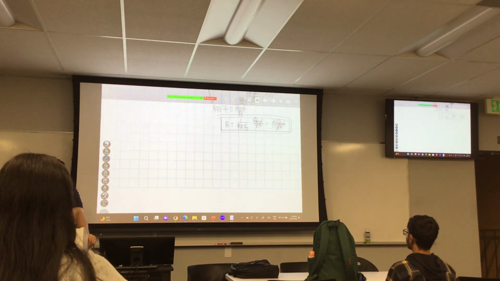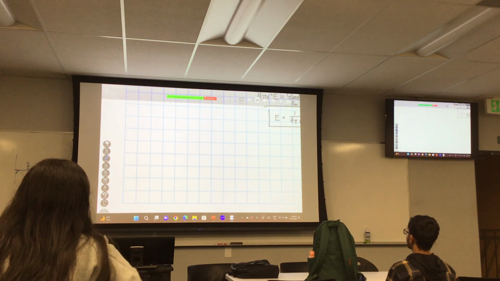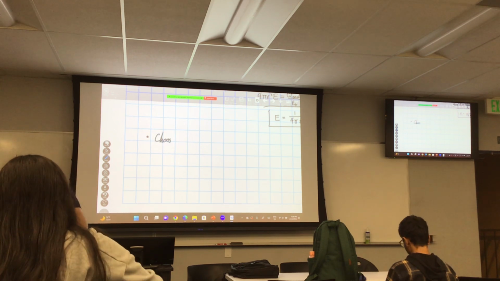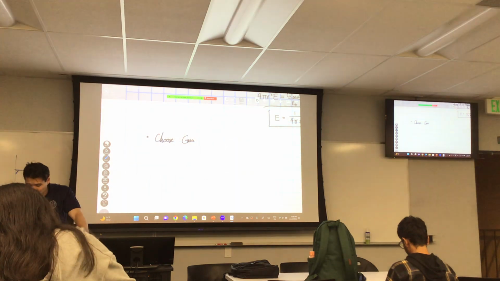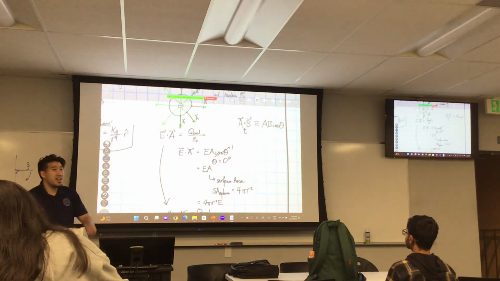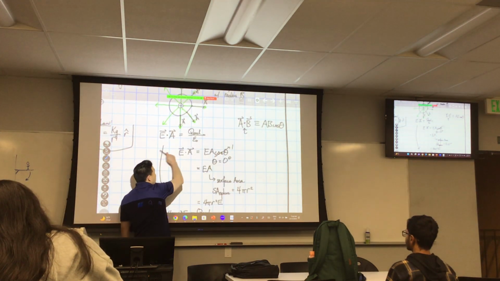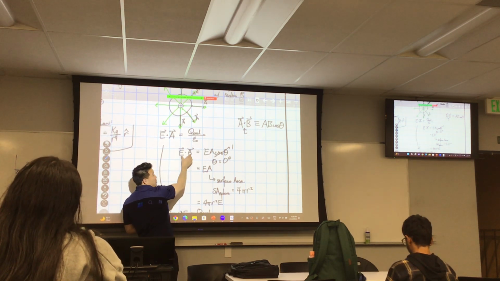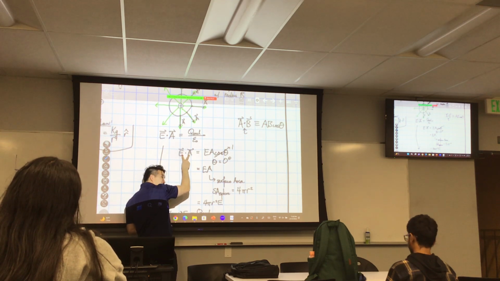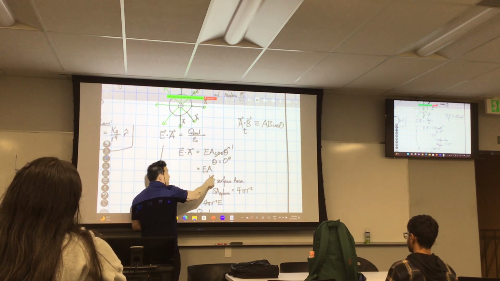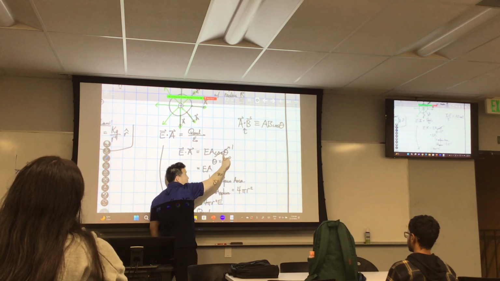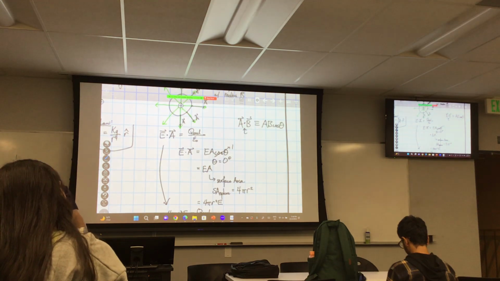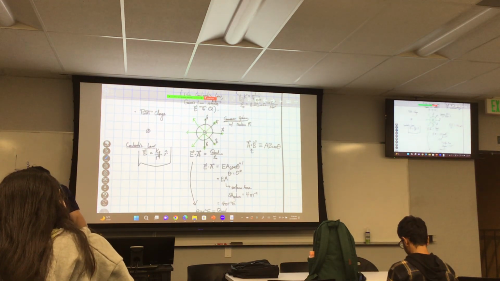Now with that, let me write a few helpful tips and observational notes. The key to using Gauss's law correctly comes in the idea of reducing this down to simply E times A. It's a method of trying to get rid of the angle dependency. That's why we chose a Gaussian sphere.